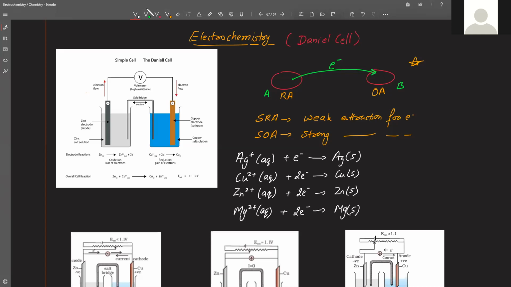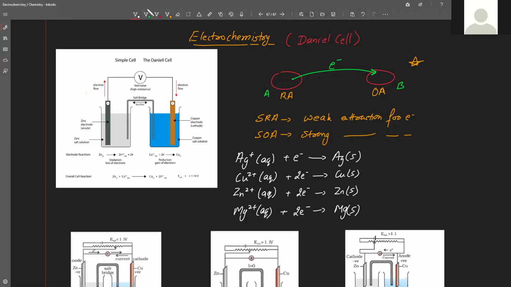So what is happening here? All of them are getting reduced, so all of them are actually oxidizing agents. In the electrochemical series, we note only the reduction reaction, because we don't want to confuse.